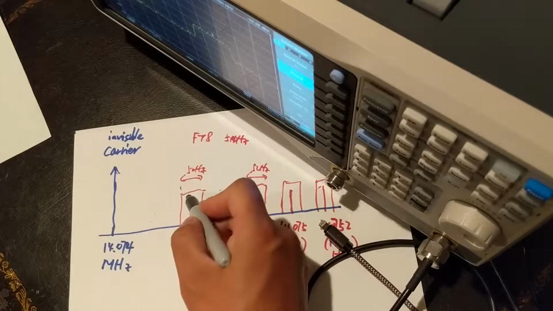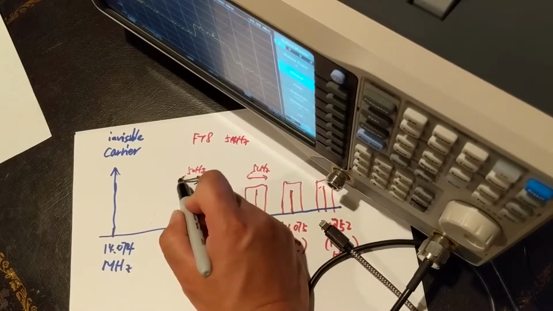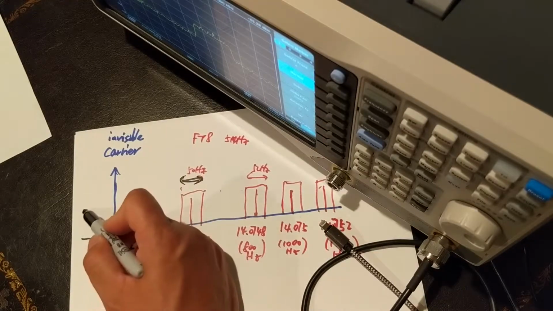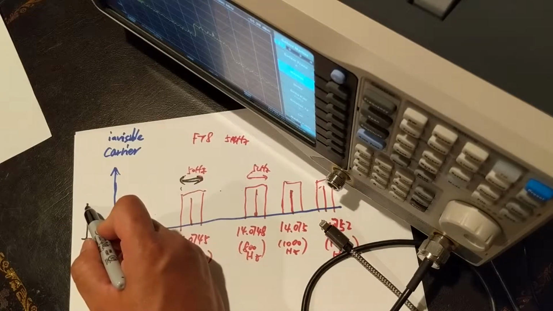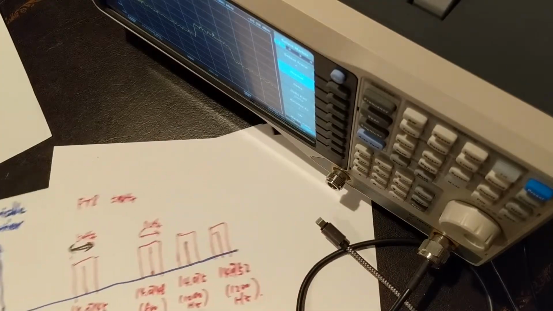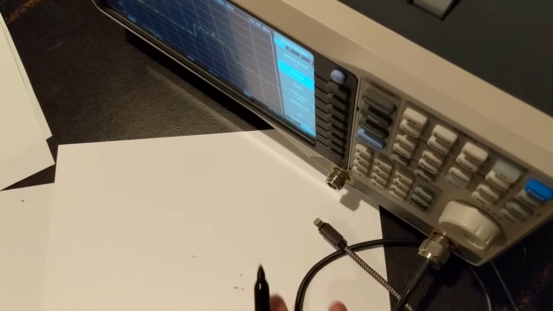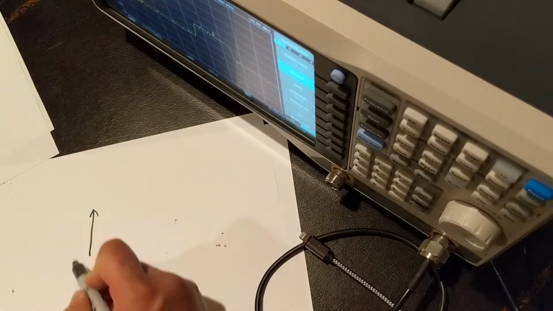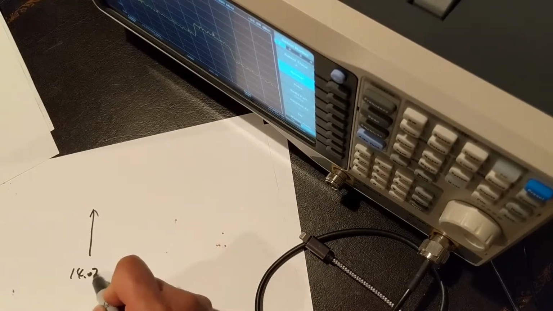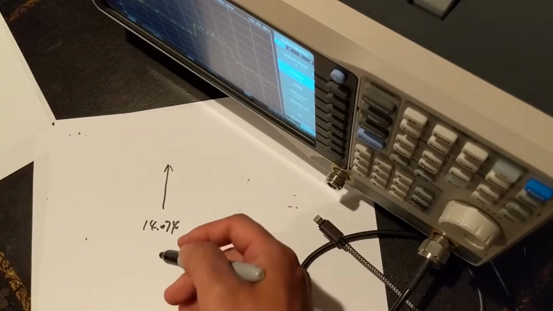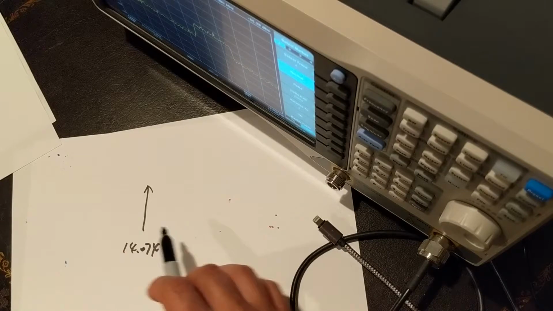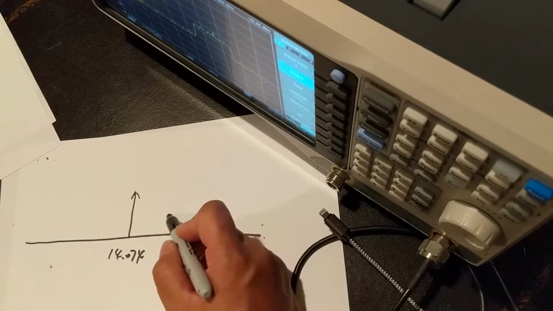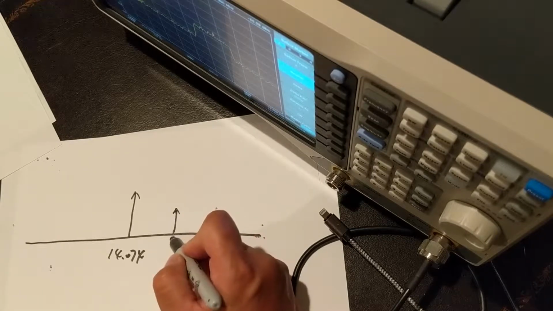Let me draw a good map. What we observed here is this is 14.074, my intended USB carrier frequency, and say I'm here. This is my 500.